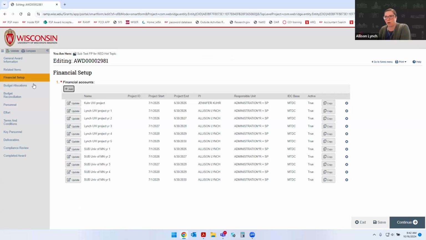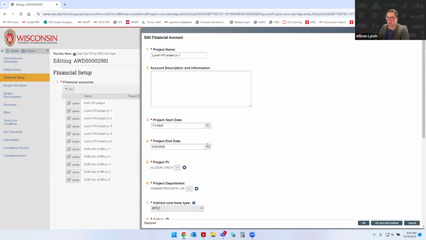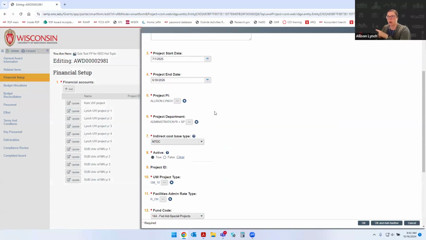Yes. So on the financial setup page, I lost the question. The financial setup page really doesn't have any funds associated with it. Well, it does have the indirect cost base type, but the financial account information is the name, the dates, project PI, the indirect cost base type, which once it's activated, this type cannot be edited even by RSP.